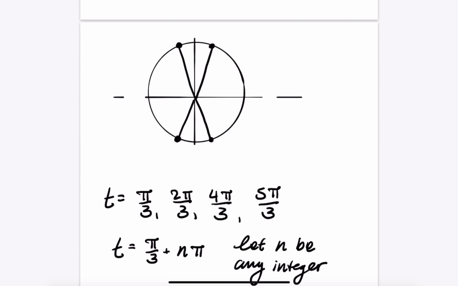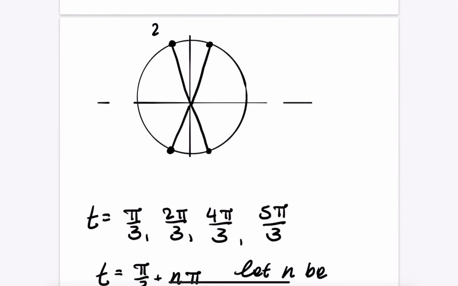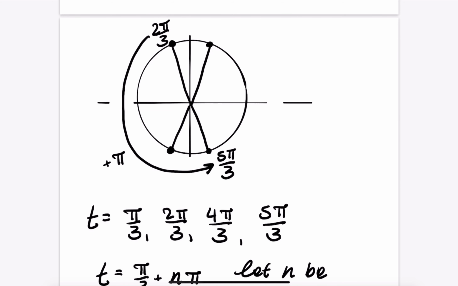Now let's look at this part, the 2 pi over 3. Again, if we add pi, we're going to end up with 5 pi over 3. And then if we add pi again, we're going to end up back at 2 pi over 3, also known as 8 pi over 3. And then we can keep on adding pi infinitely many times. We're still going to be looping back and forth between these 2 points.